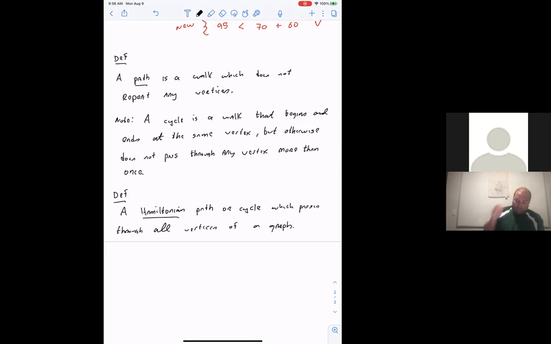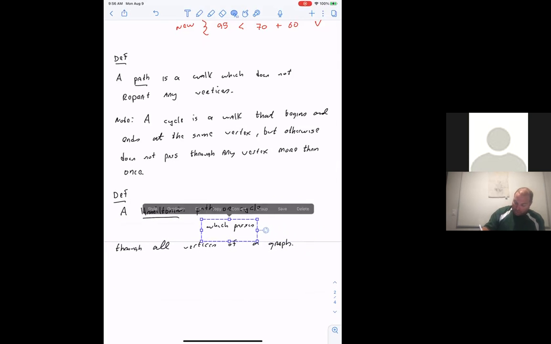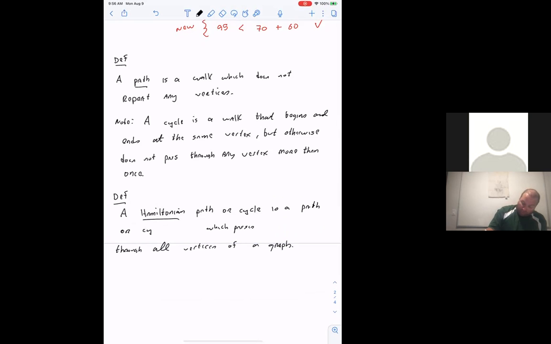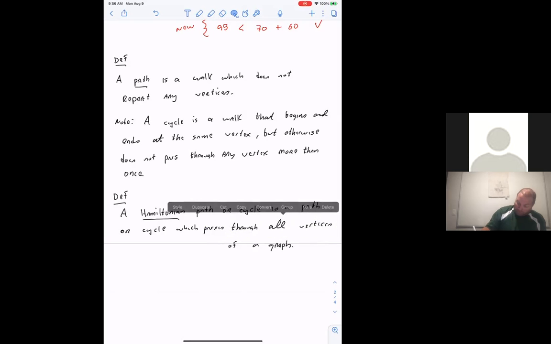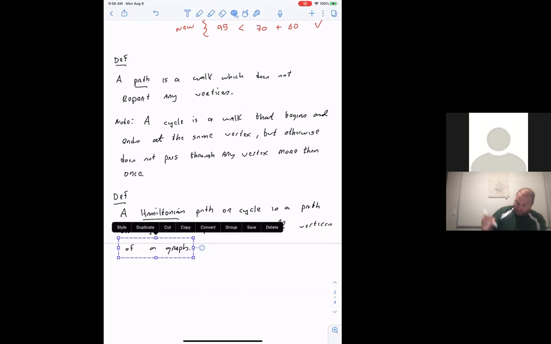A Hamiltonian path or cycle is a path or cycle which passes through all vertices of a graph.